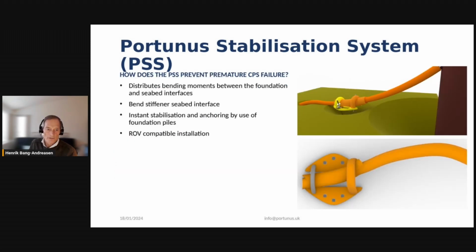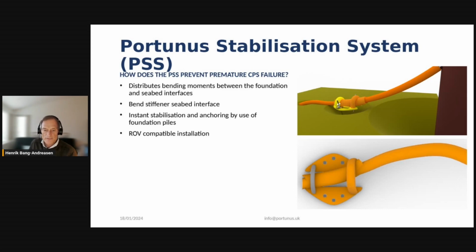So how does the PSS prevent the premature CPS failures and cable and CPS failures? Because it distributes the bending moments between the foundation and the seabed interfaces. So the PSS provides the seabed end of the cable protection system with a bend stiffening, so a cable bending strain relief leading into where we actually pin the PSS into the seabed.